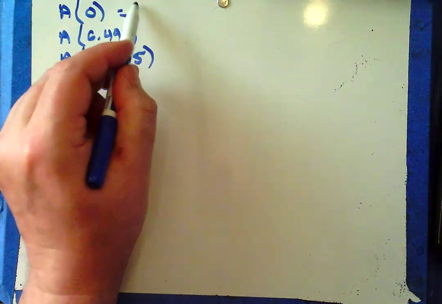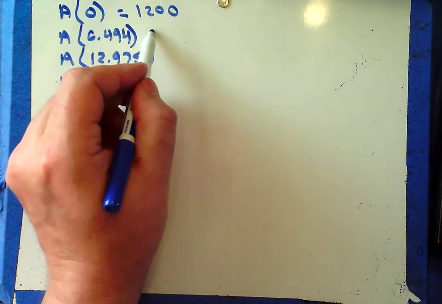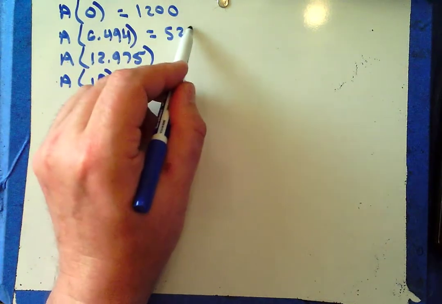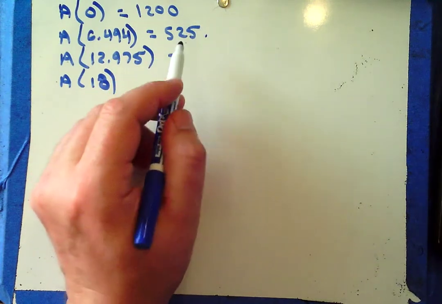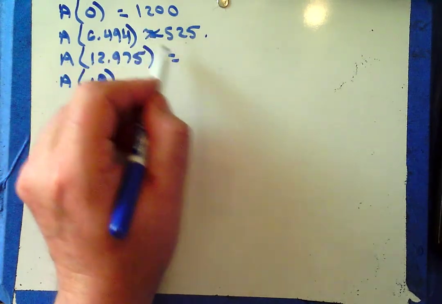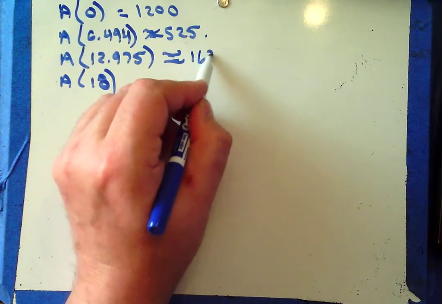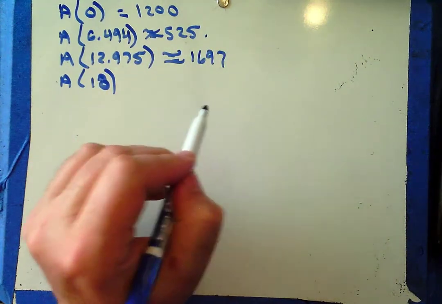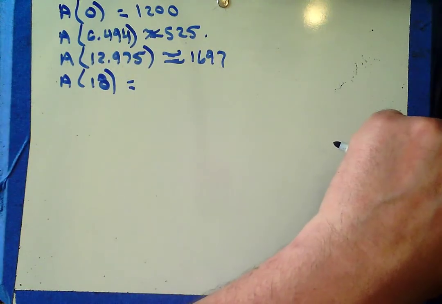Okay, this was 1,200. This was 525. This was, because they want to the nearest gallon, 1697. And I need to do 18 again.